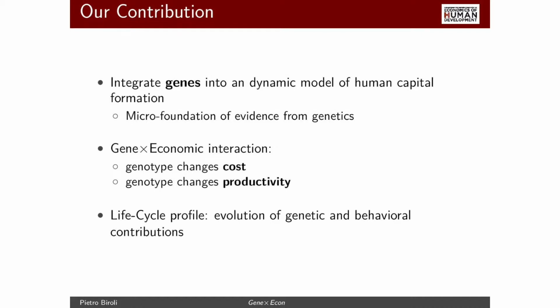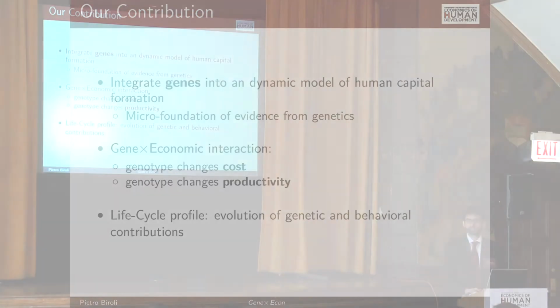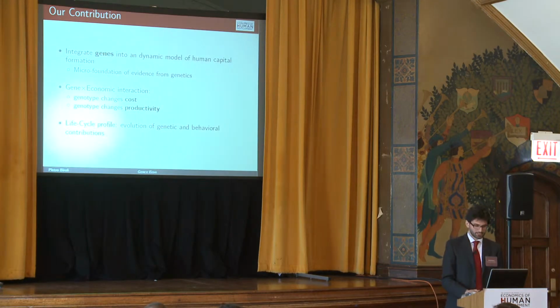So our contribution is to integrate genes into a model of human capital formation. We take insights from human genetics and try to integrate them into a simple model of human capital formation that has been a workhorse of economics.